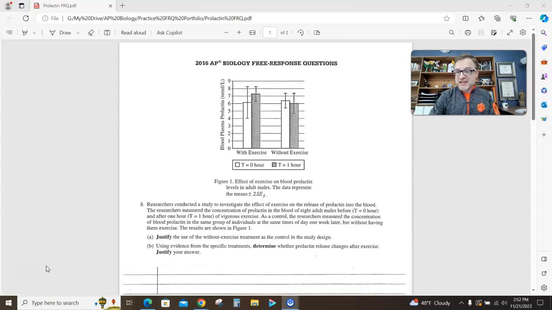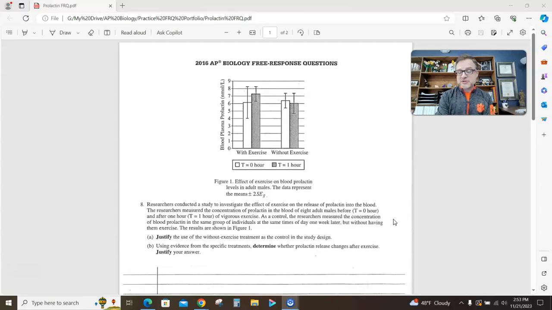All right, so before we even look at the questions, let's look at the graph. The caption of the graph says, "The effect of exercise on blood prolactin levels in adult males. The data represent the means plus or minus 2 standard error of the mean." That symbol stands for standard error of the mean. In this case, they're doing plus or minus 2. So notice this graph has error bars, all right?